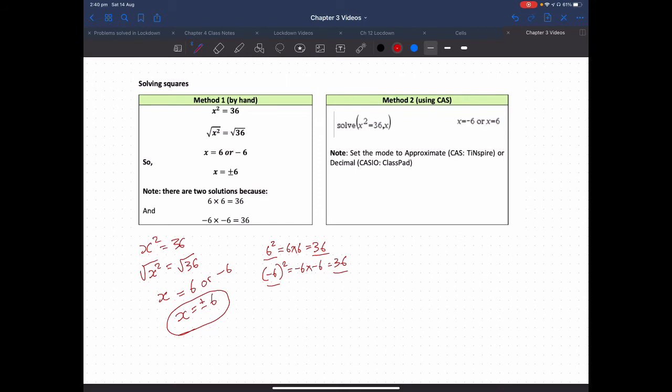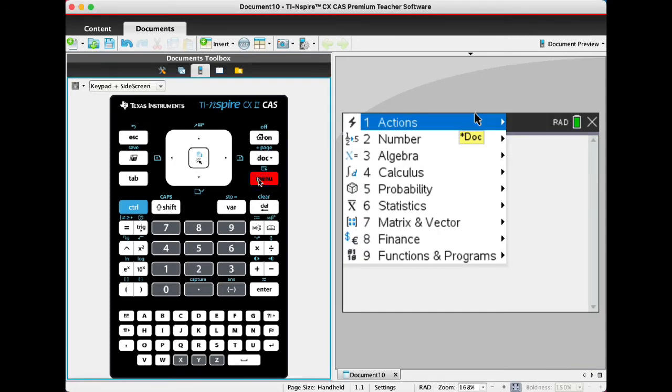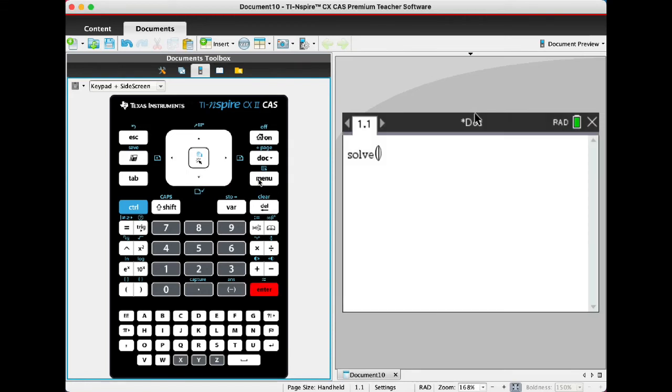If we did this on our CAS using the solve function, so you can see here, solve x squared equals 36, comma x for x. The CAS calculator will give you both answers, as I will show you now. We are again going to use our solve function. So menu, algebra, solve. We type in x.